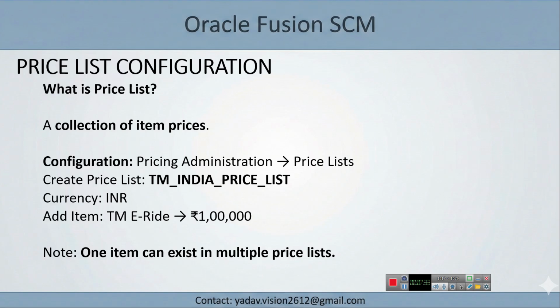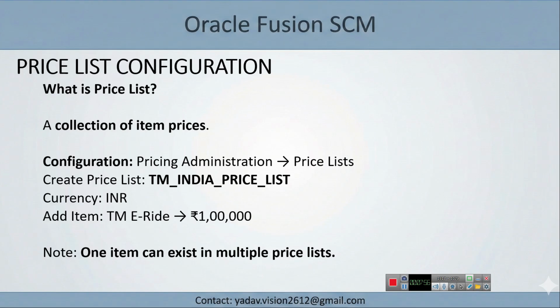Remember that one item can have multiple price lists. I may create 10 price lists for 10 different customers or 10 different occasions. For example, if you buy an iPhone, when they bring it to the market the price will be a little higher.